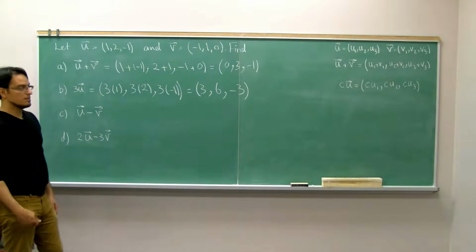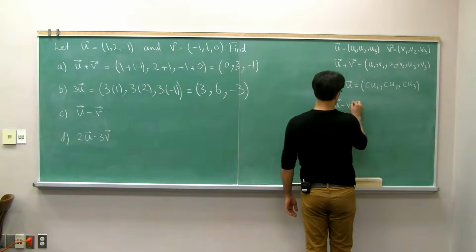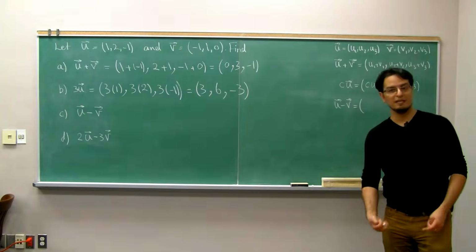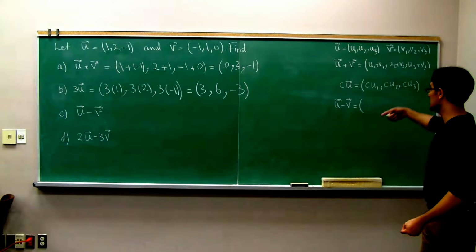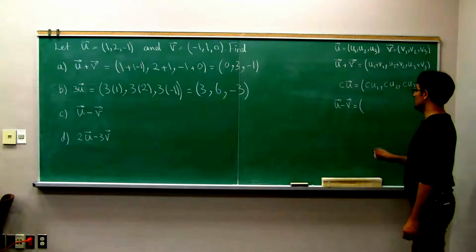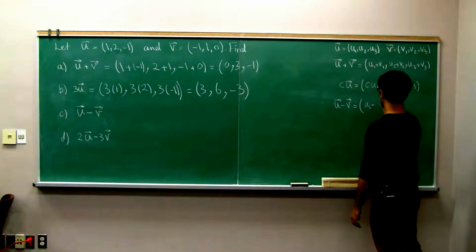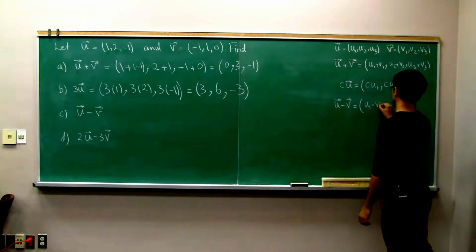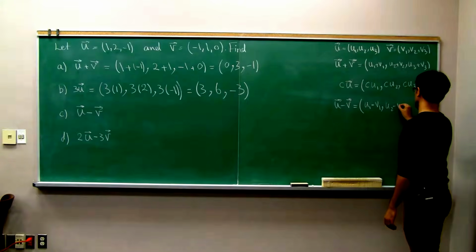Part C asks to find u minus v. u minus v is again a vector. And to obtain that vector, we do subtraction component-wise, as we did for the last two operations. Meaning that the first component of u minus v is u1, the first component of u, minus the first component of v. The second component is the subtraction of the second components.